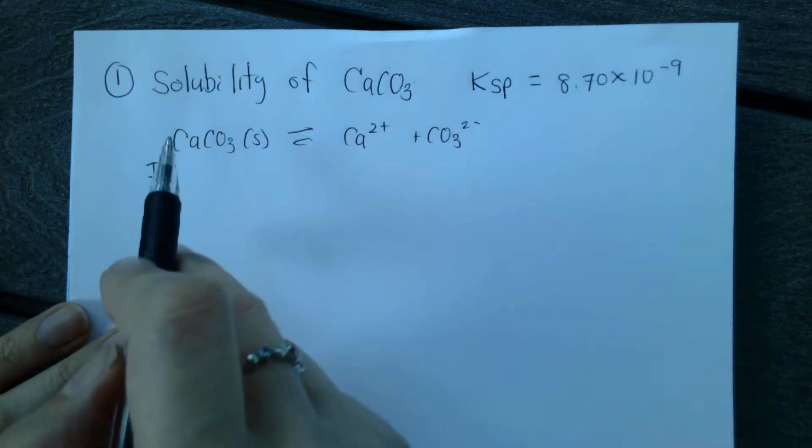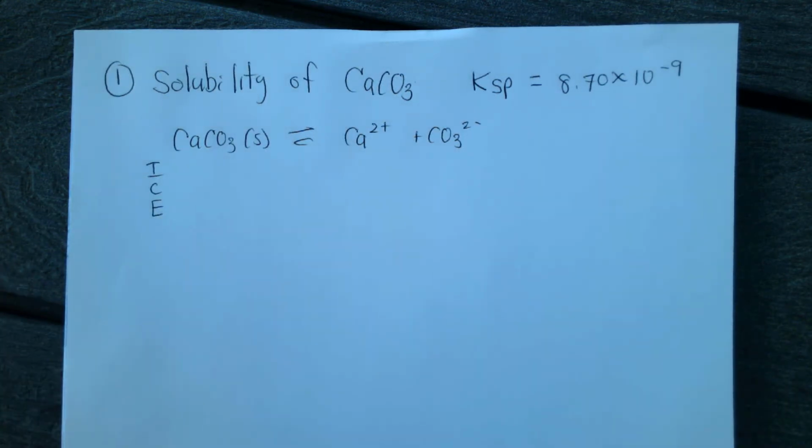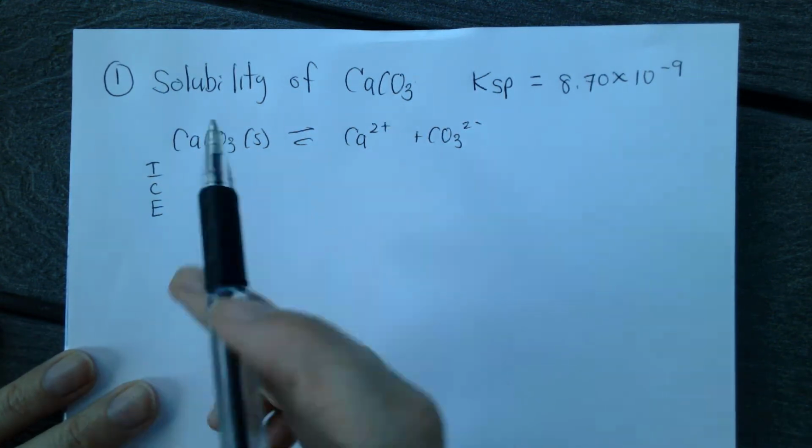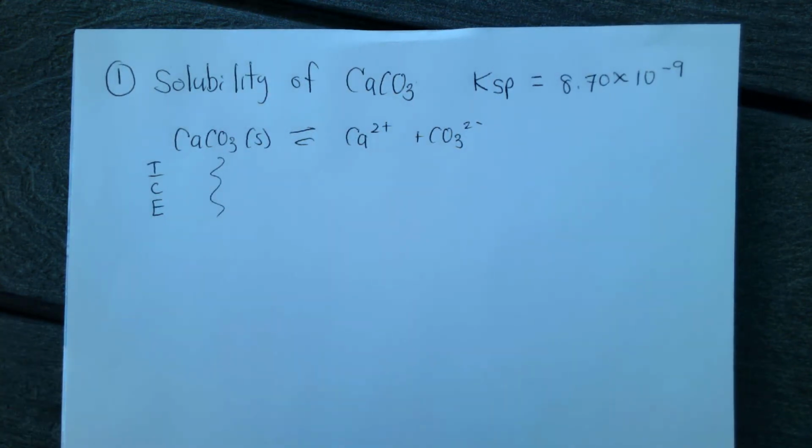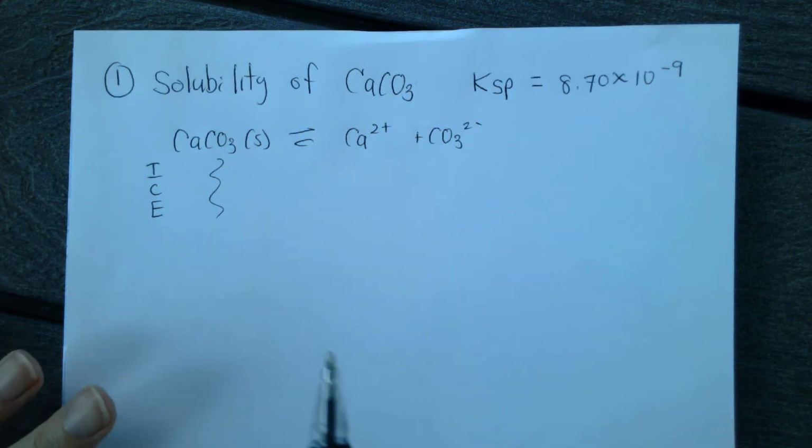Since this is a solid, some part of it is going to dissolve and reach what's called saturation. However much of it is allowed into the matrix of the water will dissolve, so we're going to ignore the initial amount. We don't need to know how much we initially have, because some part of it will dissolve, but a lot of it is going to stay solid.